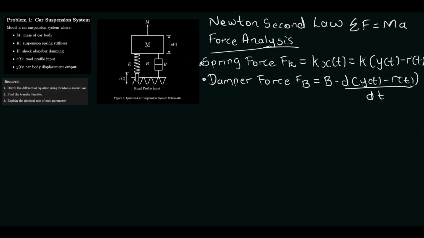Then you also have your inertial force, Fm. Fm equals ma. That's equal to your M multiplied by d squared y(t) over dt squared.